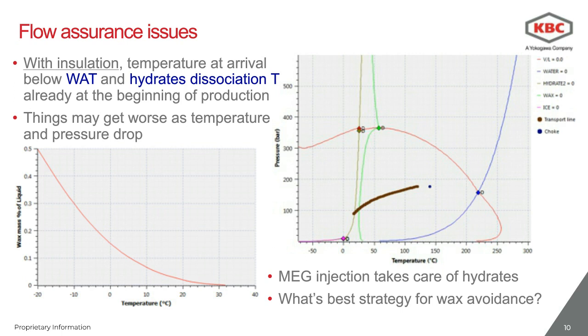Around 15 degrees, there's not a lot of wax around. It's less than 0.1%, but there is going to be wax in that area of the flow line. We know that we are going to inject MEG, so probably hydrates are not going to be a problem in production, but what will be the best strategy to avoid or to mitigate the risk of wax formation?